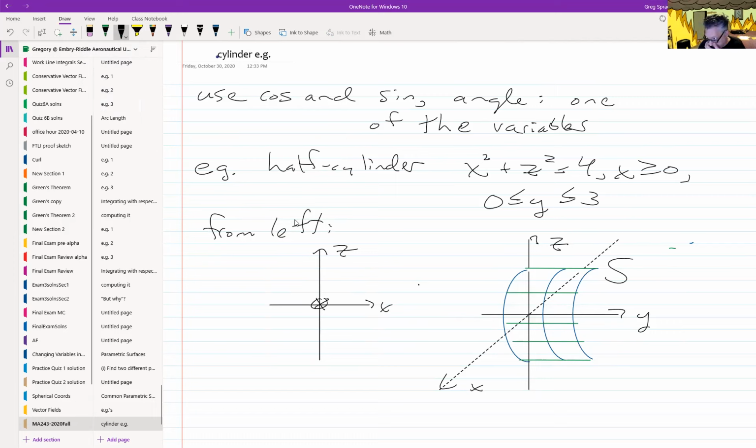And I'm looking at the back of the Y-axis. And what I see is, from this viewpoint, the surface looks like a half circle of radius 2.